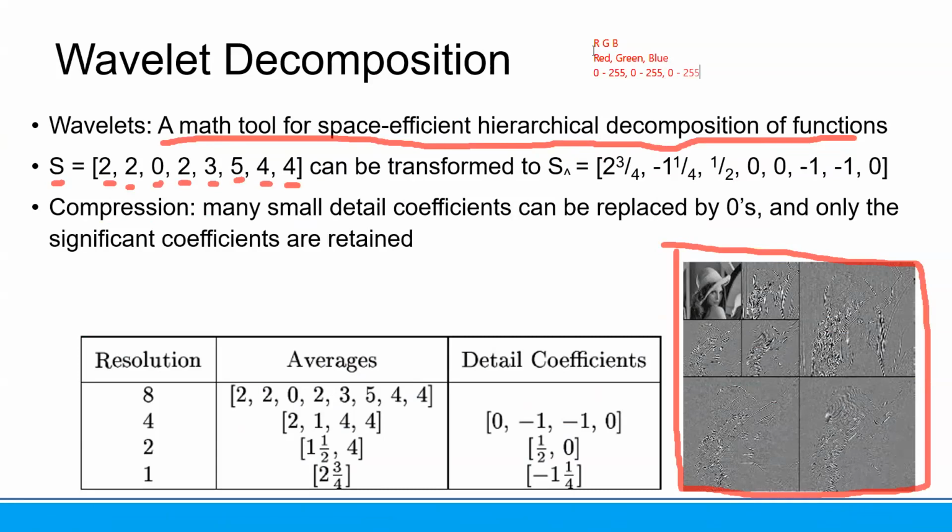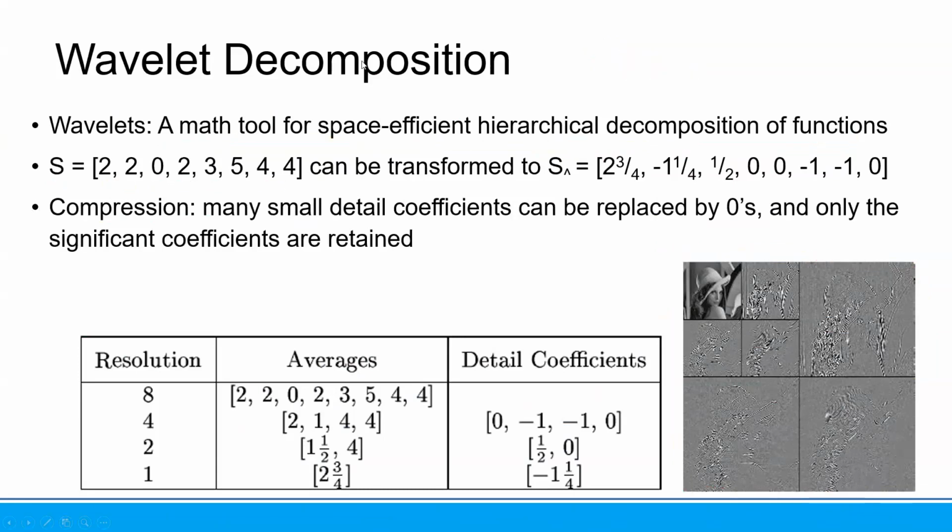So let's say I'm using these small numbers to represent the pixels or the colors. So I have resolution 8. Every picture has a resolution. If the resolution is 32, of course, it's bigger. If it is smaller, then the number is also small. So let's start with resolution 8.